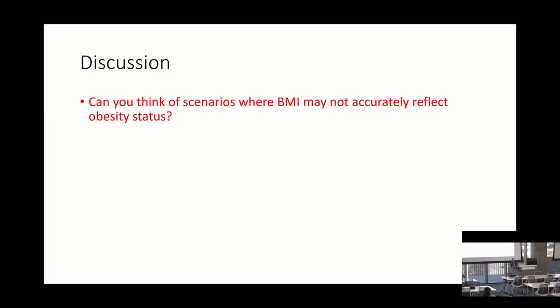And then, can you think of scenarios where the BMI may not accurately reflect obesity status? Good. So someone that's a bodybuilder. Because even though you might have a high increased weight, the weight is not fat, it's muscle. So, yeah, that's a good example. So bodybuilders, it's a good example of where the BMI doesn't tell the whole story.